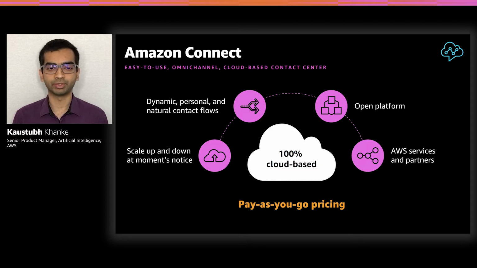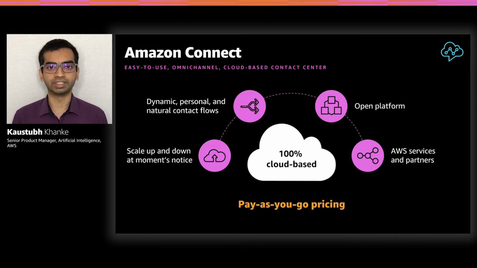Once set up, Amazon Connect has the flexibility to scale up and down at a moment's notice, depending on the demand from your customers. Contact flows allow you to easily create compelling customer experiences and also enable you to build automated experiences. Amazon Connect is an open platform that is simple to integrate with other enterprise applications to address specialized use cases for your business.